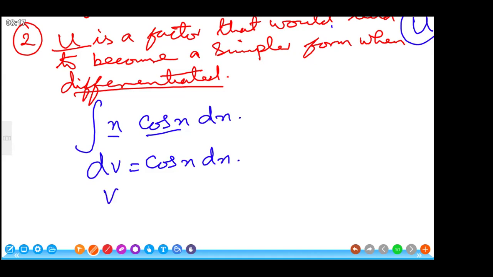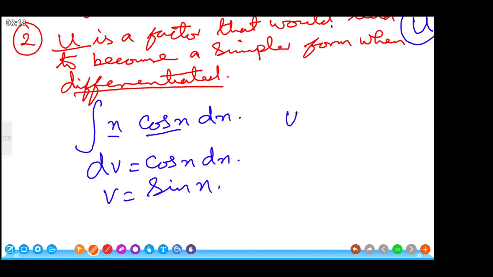From that, what is v? If dv is cos x dx, what is v then? Sin x. Sin x plus c, but we don't want to put c now. We will put it at the end, otherwise it will complicate things.